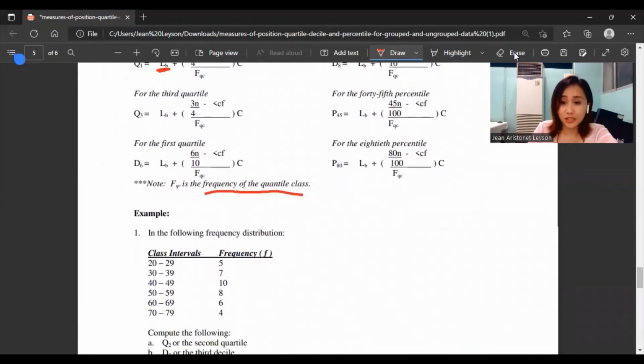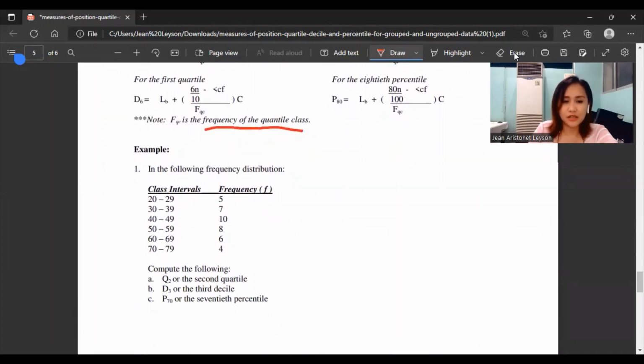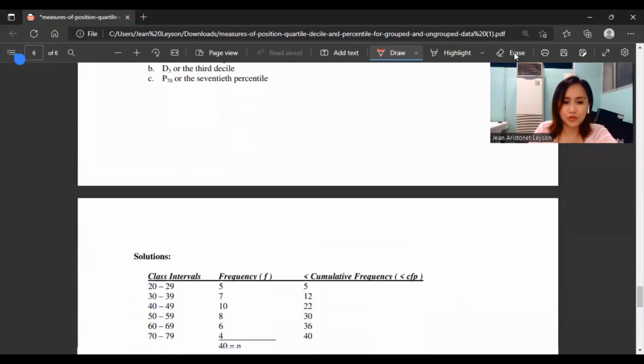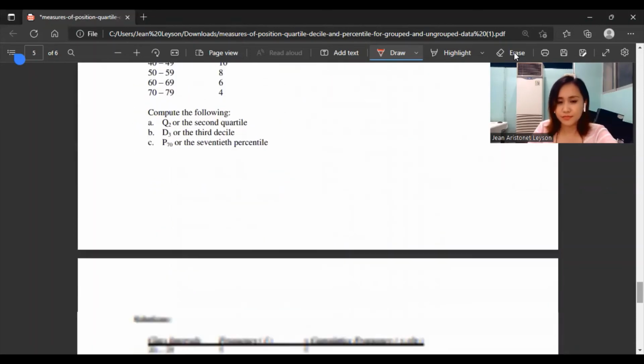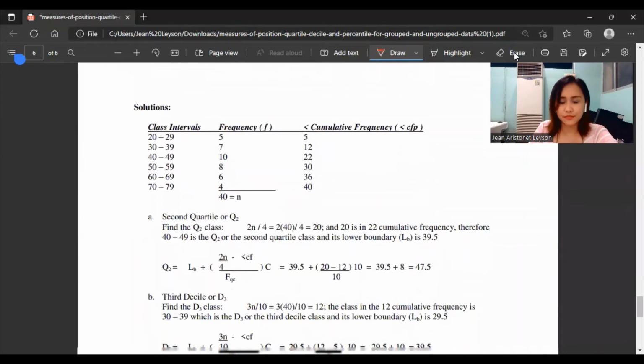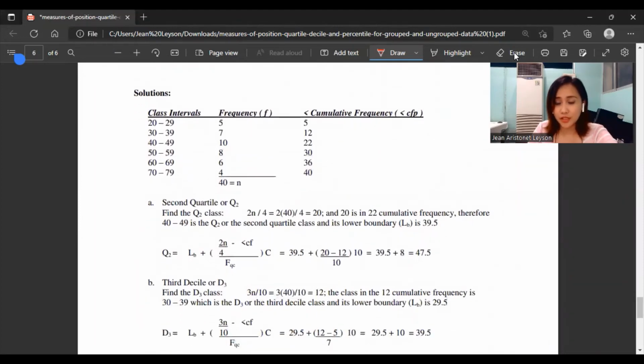So for you to better understand, we have here an example. In the following distribution, we are given this set of data, and compute for the following. Can you still remember how to get the cumulative frequency?